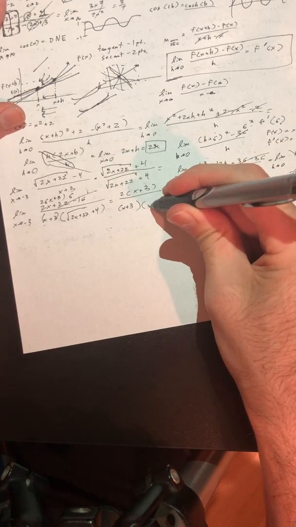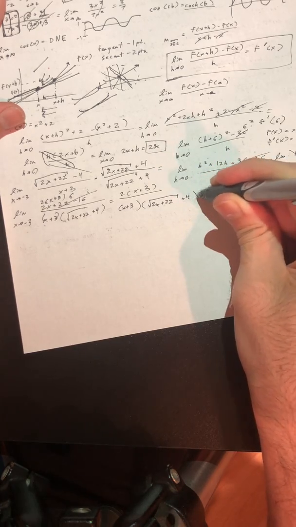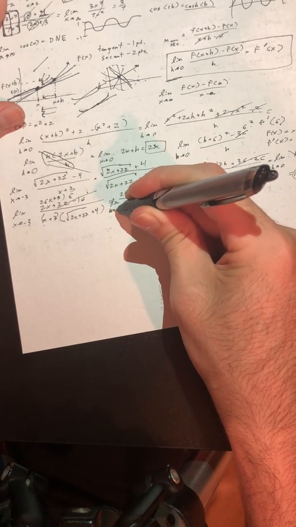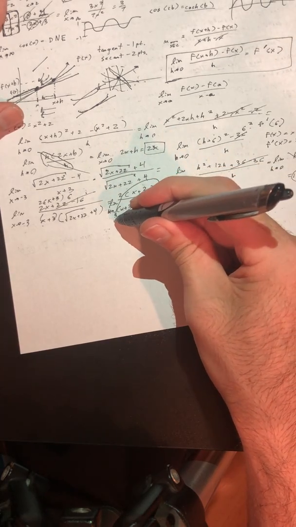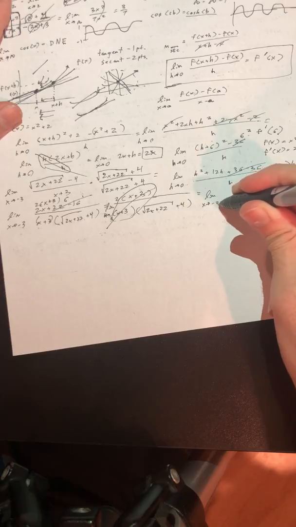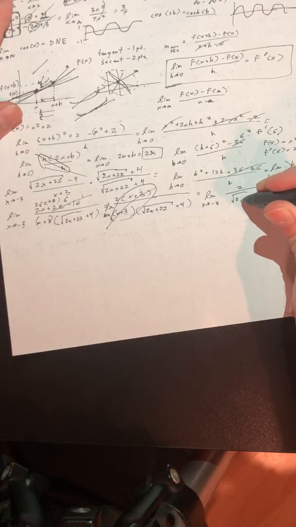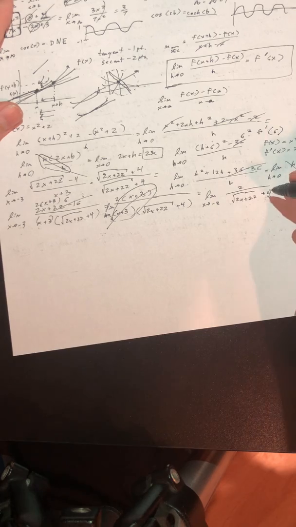And again, notice that the x plus 3 was what was causing our limit, as x approaches negative 3, to be in the form 0 over 0. It goes away. So now we get the limit as x approaches negative 3 of 2 over the square root of 2x plus 22 plus 4. Now we can just directly substitute into this limit.